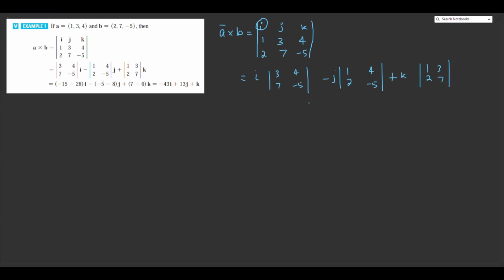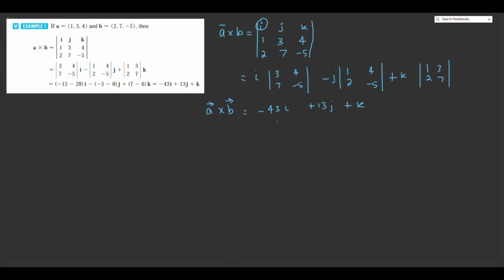And now you can expand this and our final answer will be equal to minus 43i plus 13j plus k.